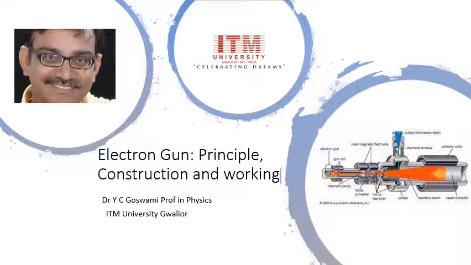Electron gun is another very useful device, and works on the basis of acceleration of electrons by application of electric field and magnetic field, and has wide applications. Wherever we need electrons, many screens, television screens and other screens work on the same principle.